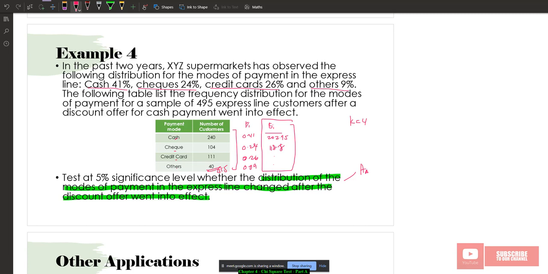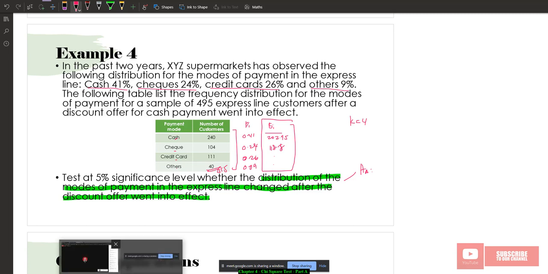The null hypothesis is that the distribution of modes of payment in the express line did not change after the discounts.